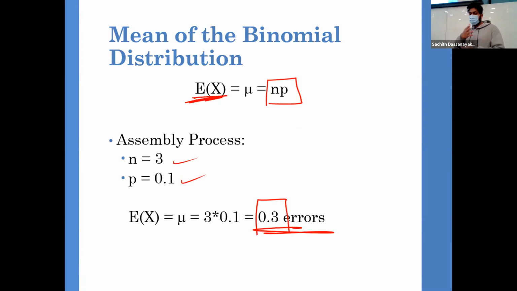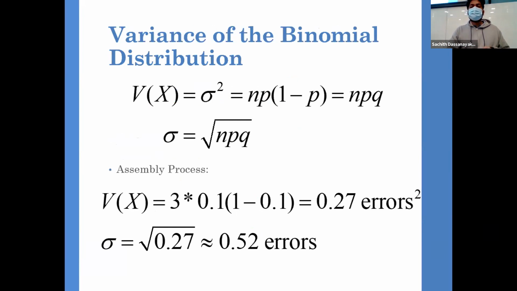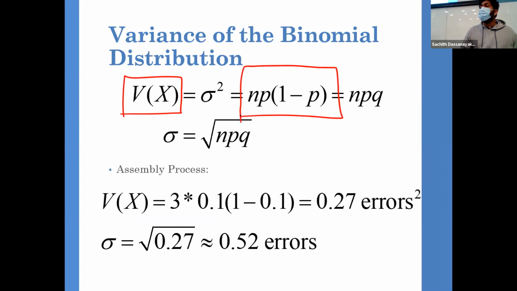Here we are dealing with errors, that's why it is errors. The variance of the binomial distribution you can simplify using np times 1 minus p. This 1 minus p you can simply denote by q. That's what they have done. So np times 1 minus p gives you the variance. If you need the standard deviation, take the square root. This is the example for that.